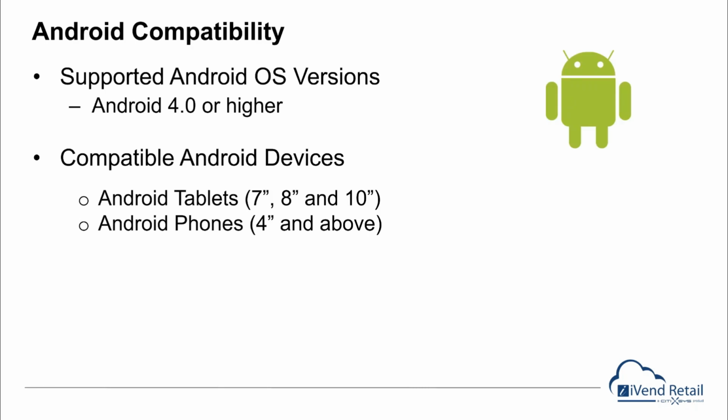We're also compatible with Android devices. Android 4.0 or higher must be the operating system on your mobile device. And we are basically compatible with Android tablets 7, 8, and 10 inches, and Android phones 4 inches and above.